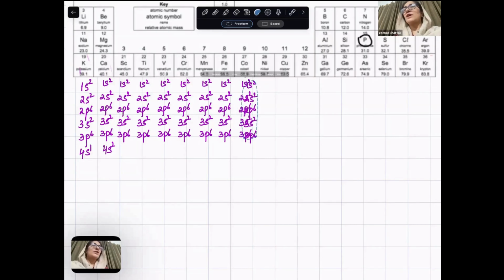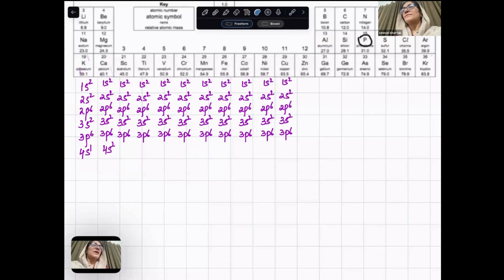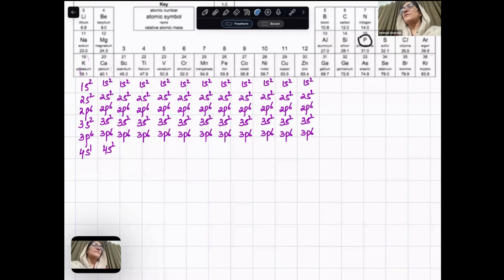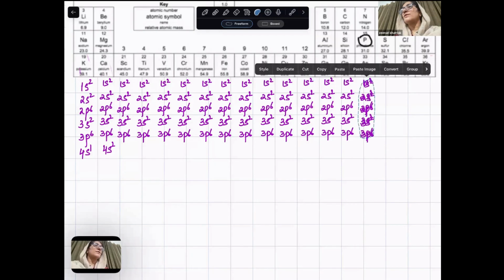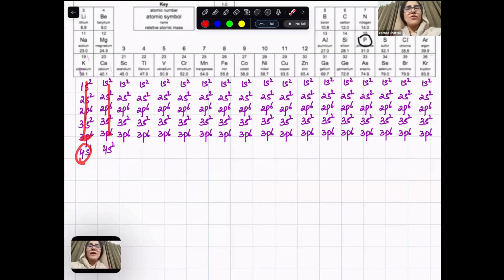Up to 18, it's 100% the same. Look, 18 is this after 3p, then 4s1, then 4s2, and now after 18, we continue.